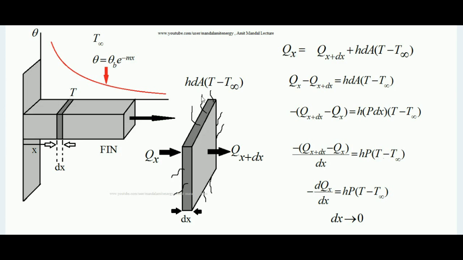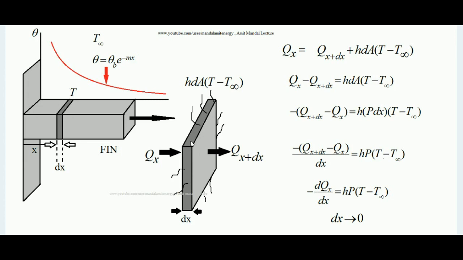So if we do the energy balance, the equation is like this. This is the total heat input rate from the left hand side, and this is the total heat dispensing rate from this thin section of the fin. Some heat has been conducted to the right hand side, and the rest of the heat is convected to the environment from its outer peripheral area.